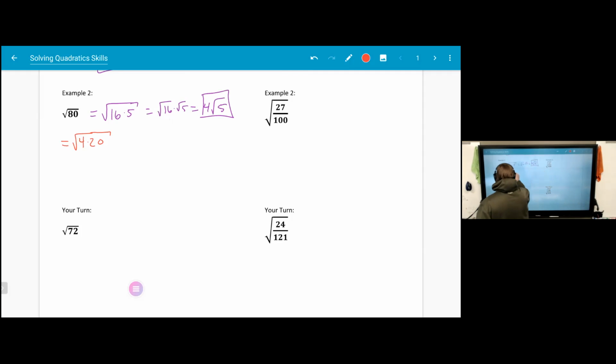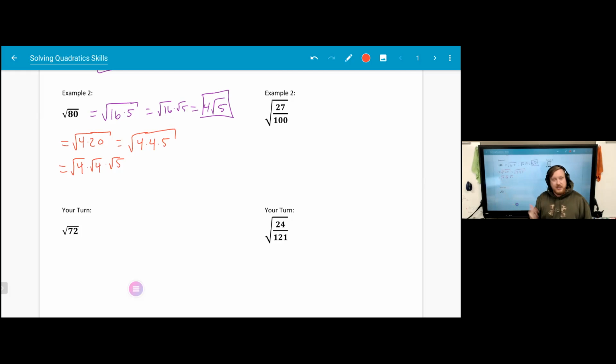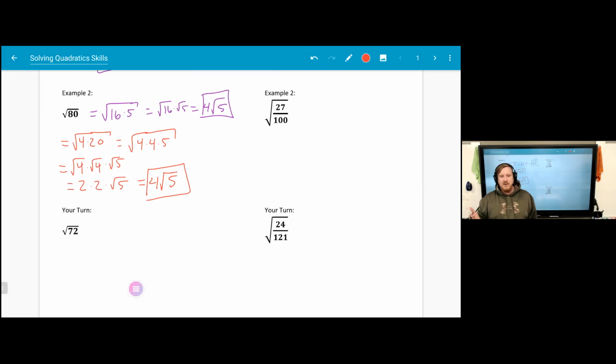So I could also make this the square root of 4 times the square root of 4 times the square root of 5. Well, we know the square root of 4 is 2. So this would be 2 times 2 times the square root of 5. We end up with 4 times the square root of 5. And you can see, no matter which way we went about it, we ended up with the same solution here.